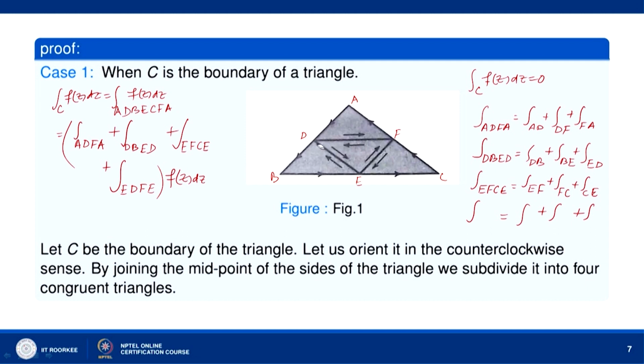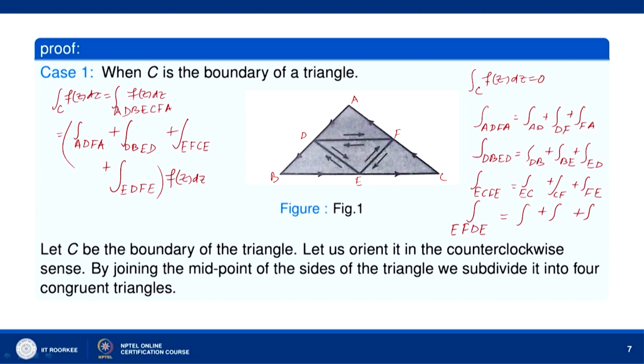So, the integral over E C F E: E C, then the integral over C F, then the integral over F E. So, this will be anticlockwise.